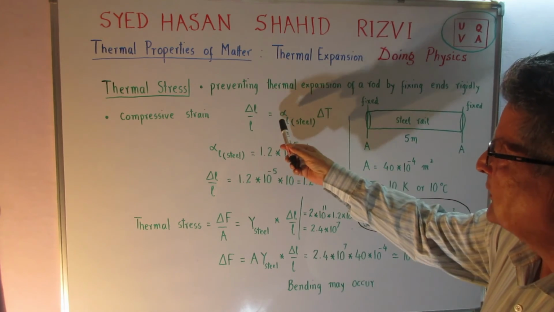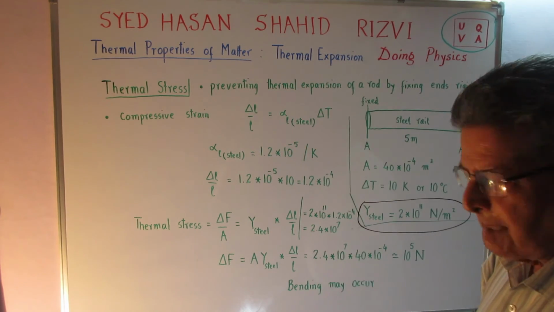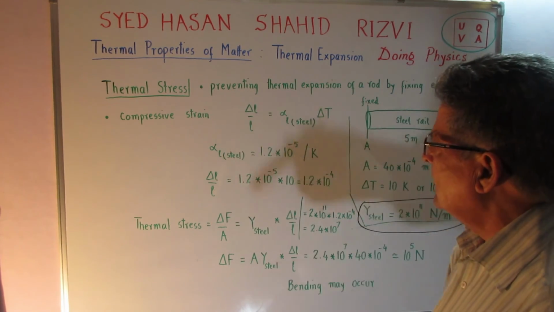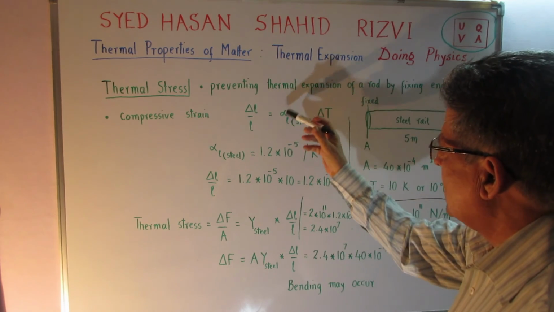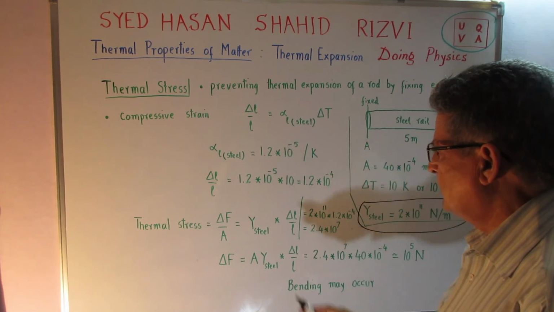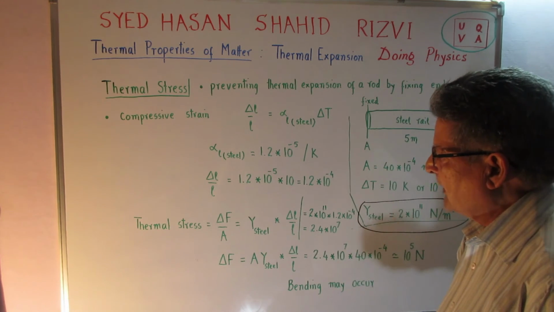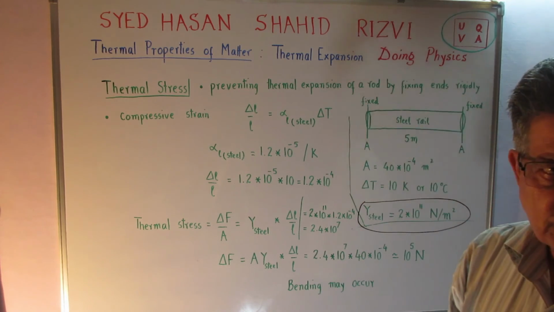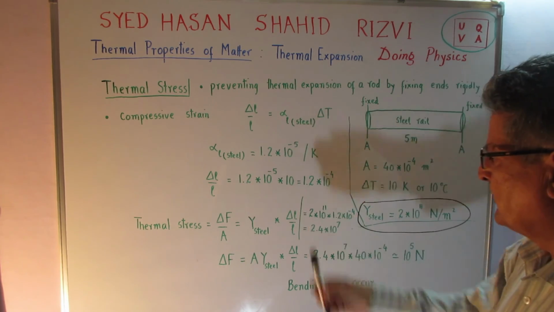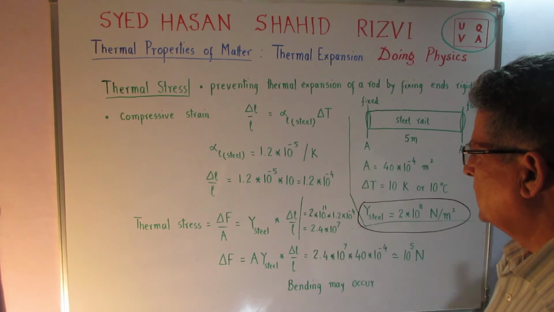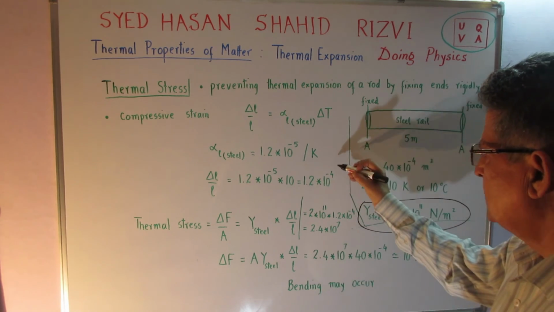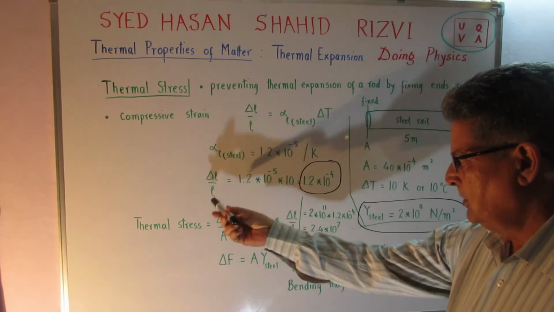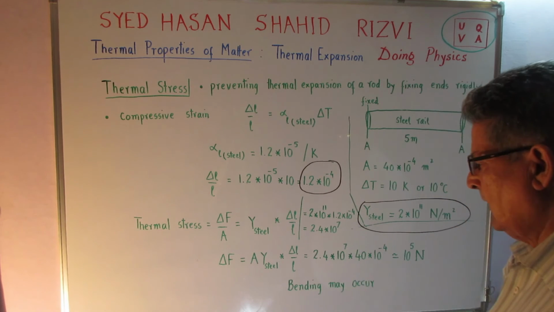Delta L upon L is equal to alpha L of steel into delta T. Putting these values, delta L upon L is equal to 1.2 into 10 to the power of minus 5 into 10 Kelvin rise in temperature, and this turns out to be 1.2 into 10 to the power of minus 4. What should be the unit here? No unit, because the units of delta L and L are one and the same.